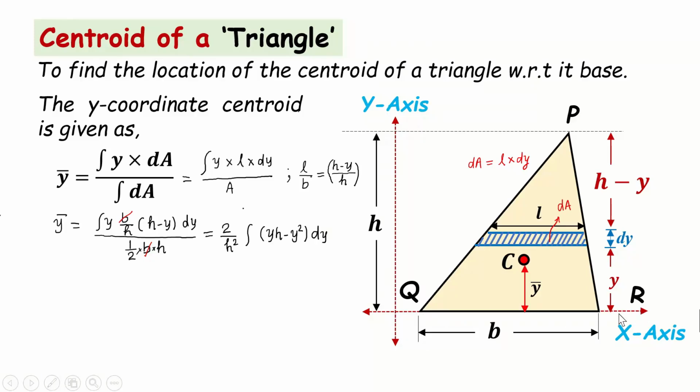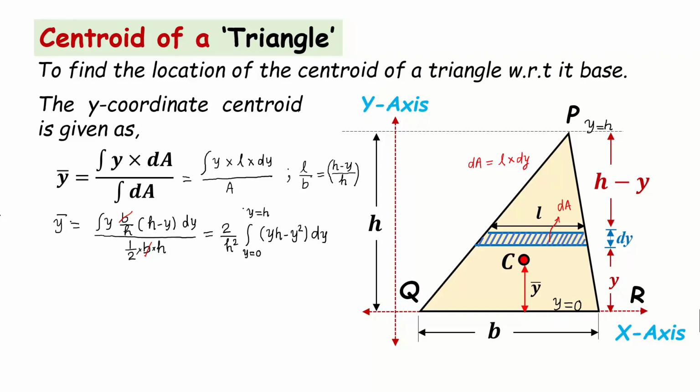Now in this figure, we are going to integrate this quantity from the bottom of the triangle to the tip of the triangle. So at the bottom of the triangle, the value of y is going to be 0, and at the tip of the triangle the value of y is going to be h. So we shall be integrating from y equal to 0 to y equal to h. We will have this limit.